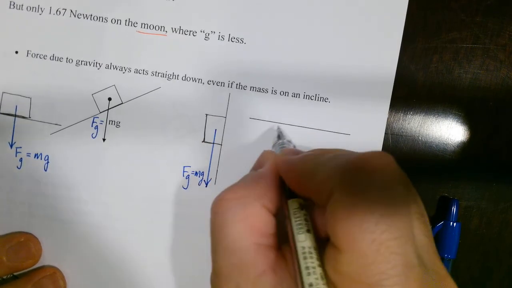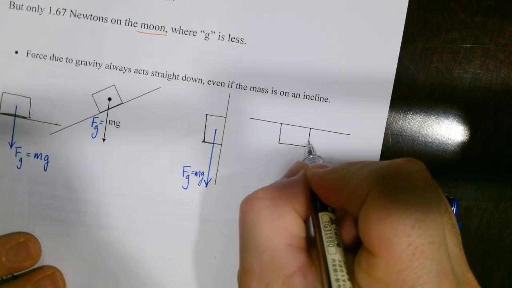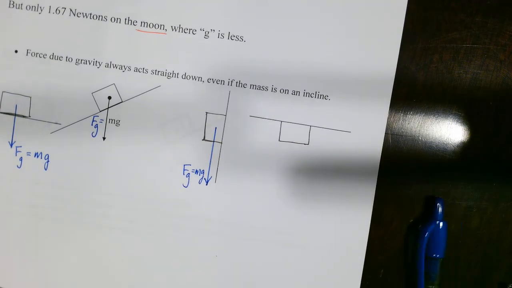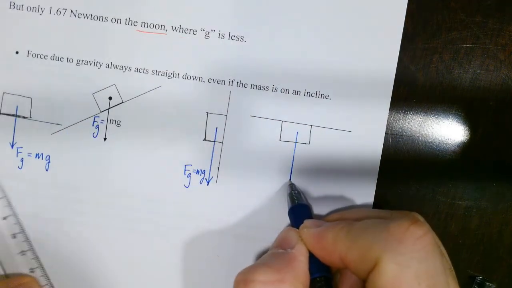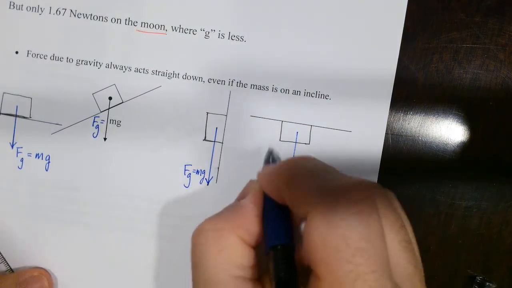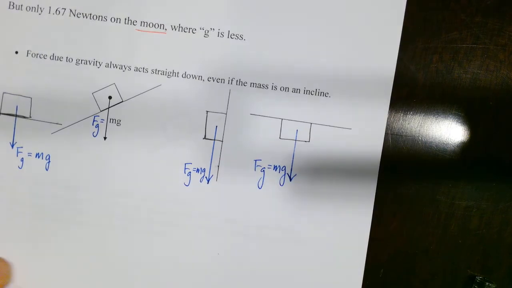If I put this thing on a ceiling like this, right? The Fg will always be straight down towards the center of the earth. I hope I made that point clear. Okay?